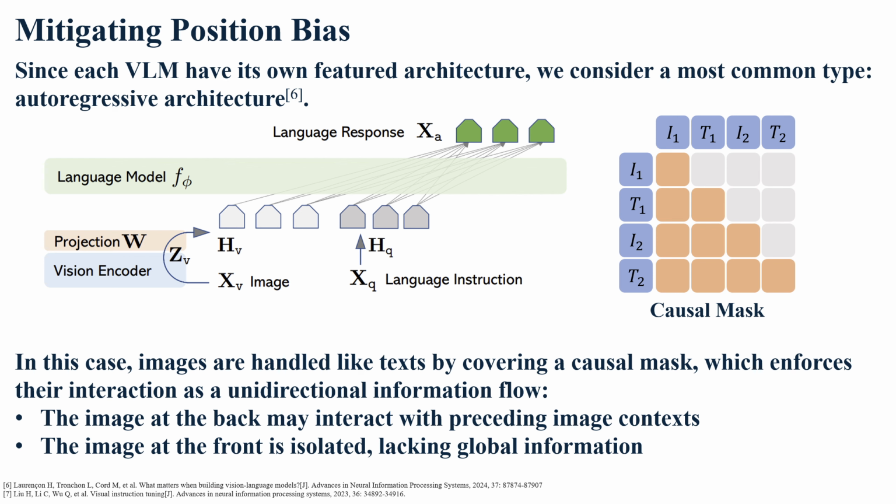Since we now know position bias can hurt model performance and robustness, we try to study how to mitigate this problem. We consider the most common architecture, the autoregressive model such as LLaVA.